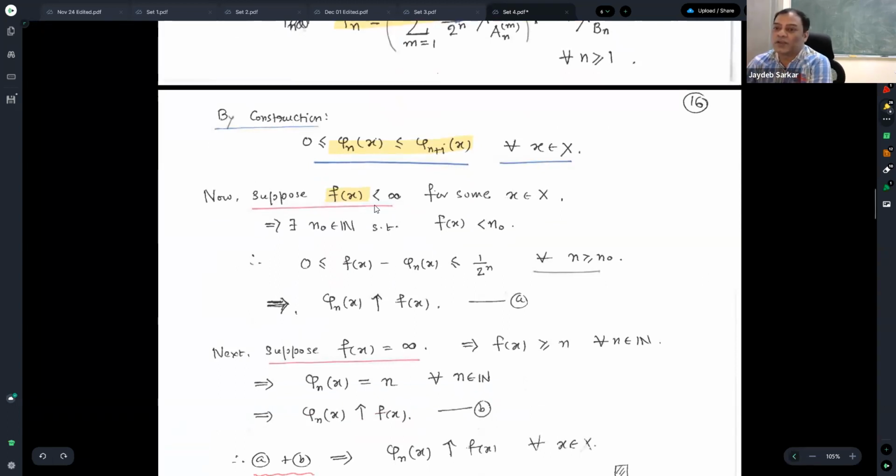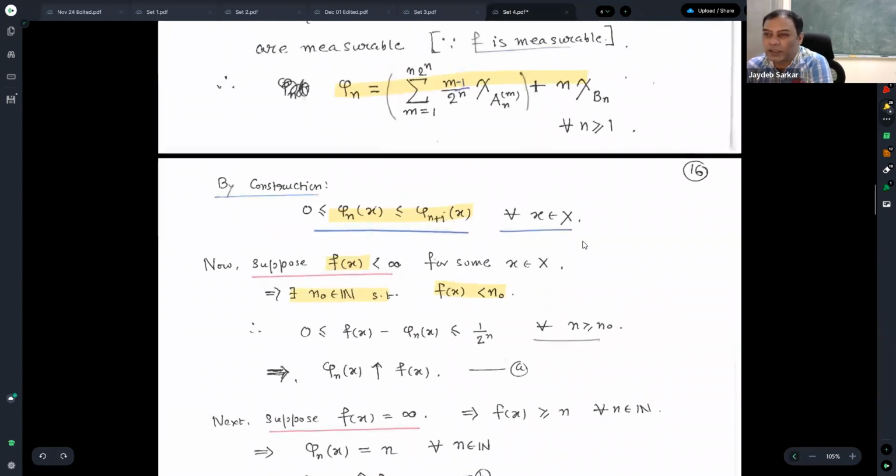So suppose f(x) is finite. Then there exists a natural number n naught such that f(x) is dominated by n naught. And if it is dominated by n naught, then f(x) minus phi_n(x) is at most 1 over 2 power n for all n larger than or equal to n naught. That tells you phi_n(x) is going to converge to f(x), and that's part A.